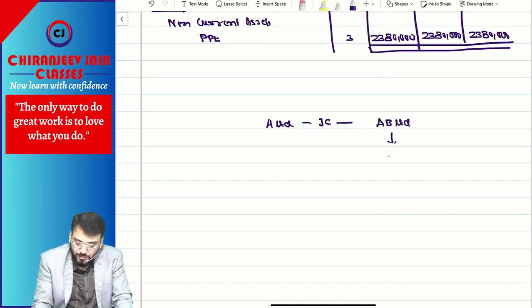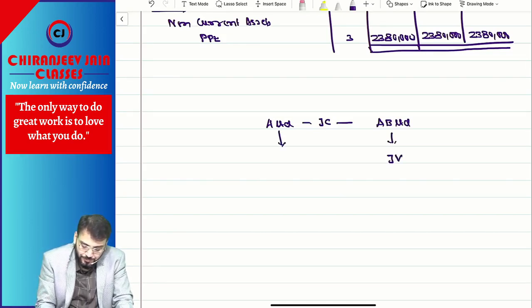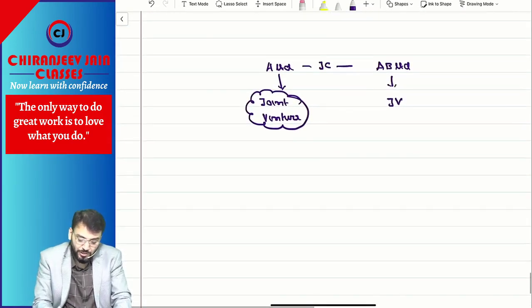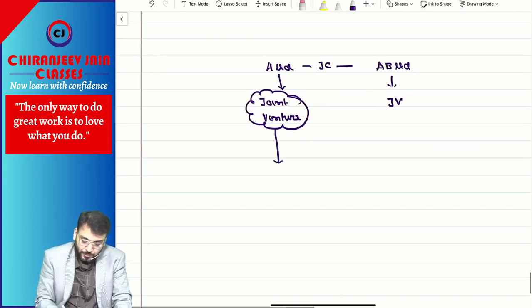So AB Limited is a joint venture and A Limited is the joint venturer. Correct? We are right now thinking from the joint venturer's point of view.